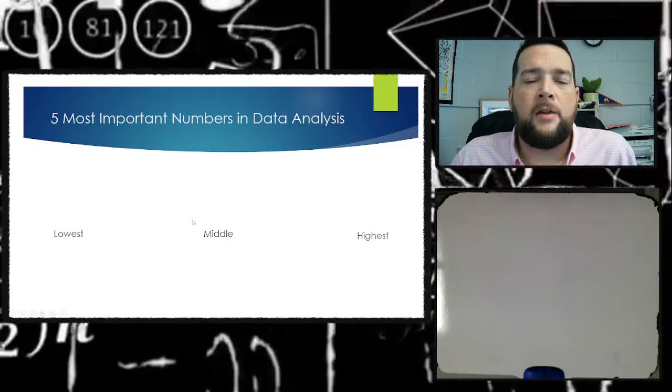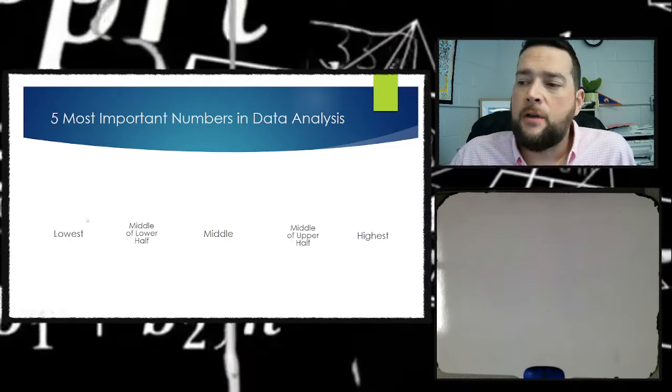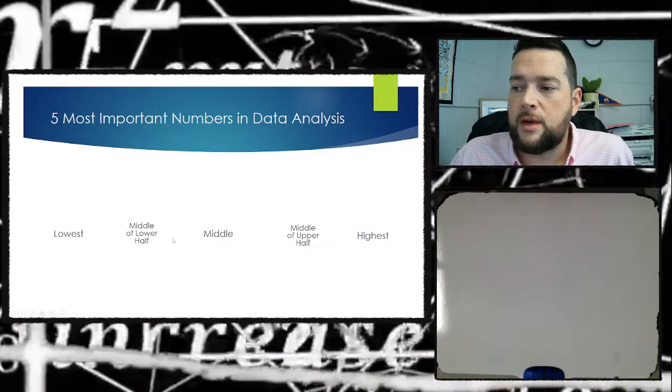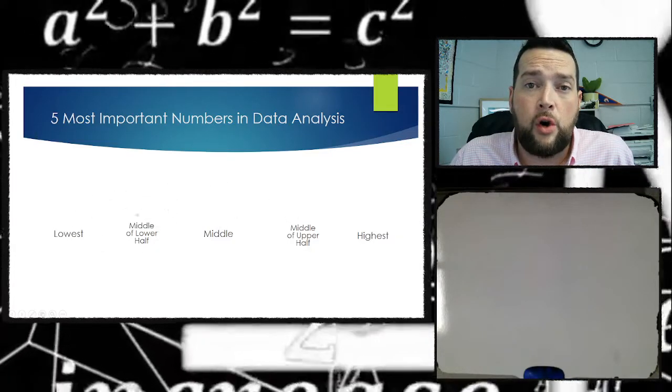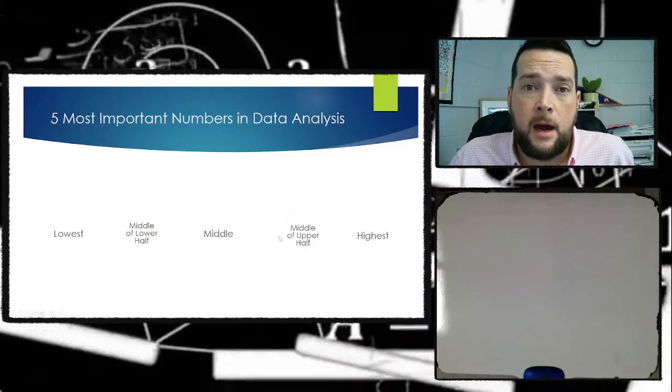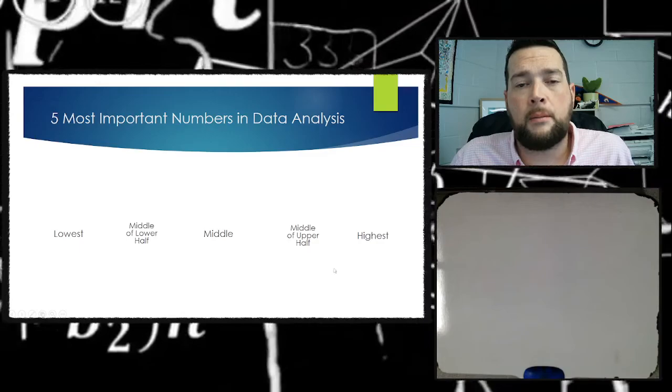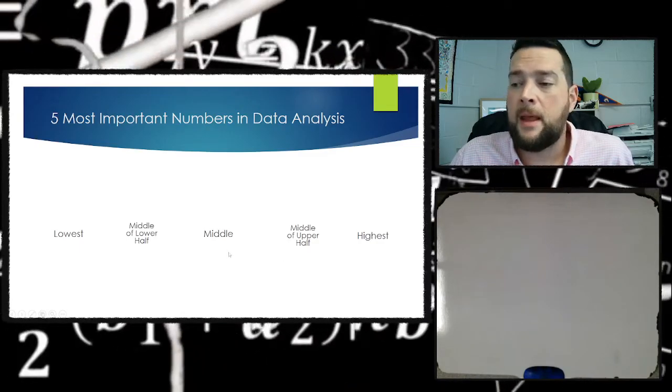The other 2 are halfway in between those major sections: the middle of the lower half and the middle of the upper half. Together, these make the 5 most important numbers in data analysis.